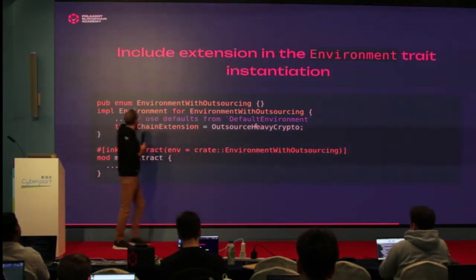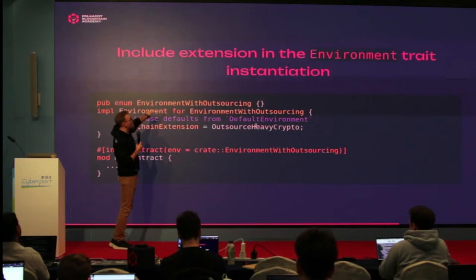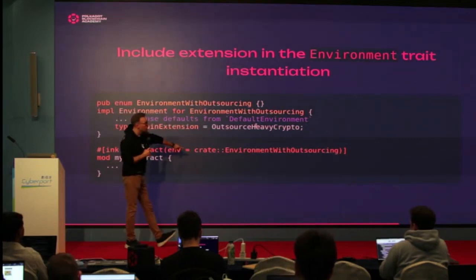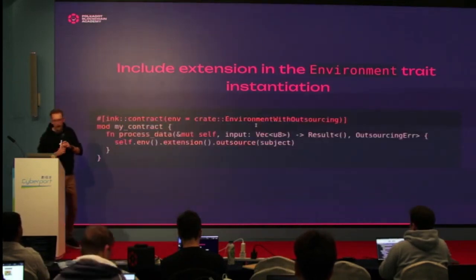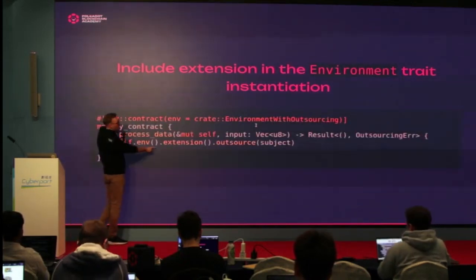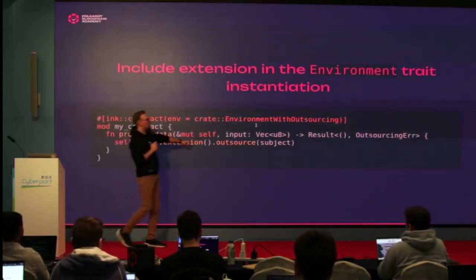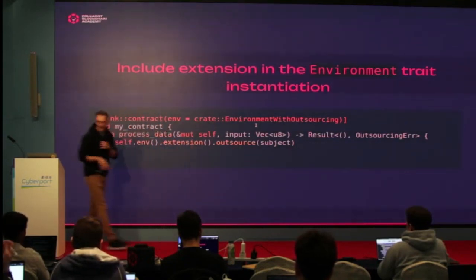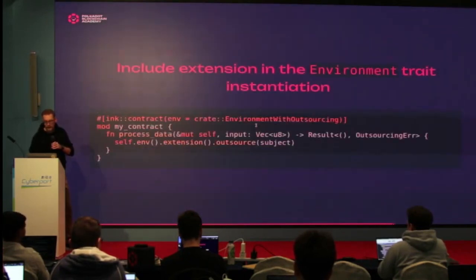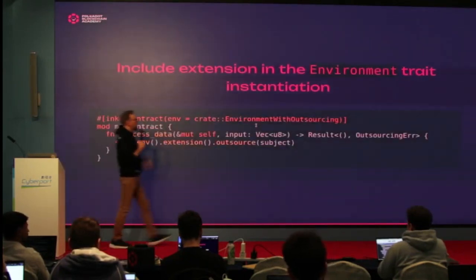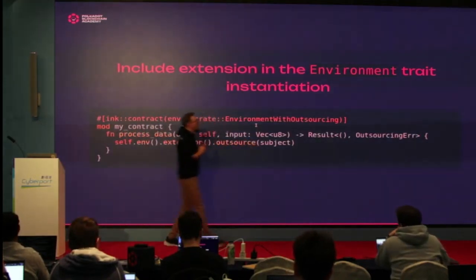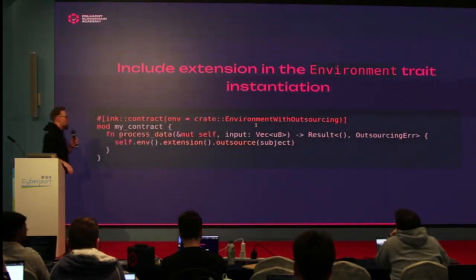So if we prepare a special environment that exposes the chain extension, we can use it in our contract. And once we do that, we are able to call this outsource function. Again, via this environment object, we call the extension method, which implements the trait. And since it is implementing the trait, we can call this outsource function with an argument, right? This is how calling a chain extension looks like.